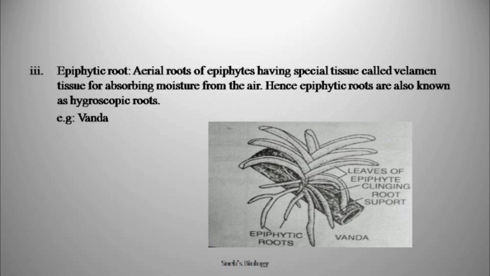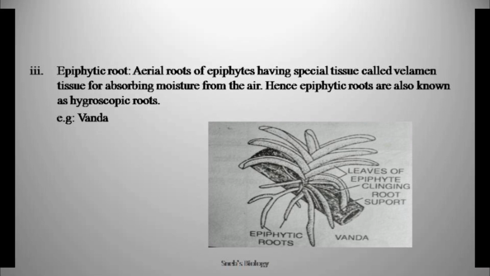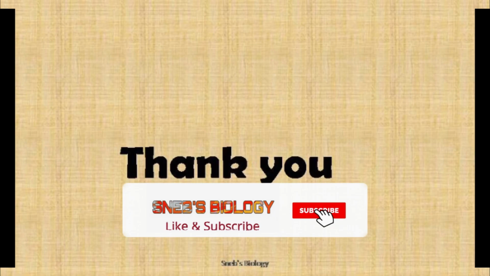So they have a special type of root, and in this root there is a special tissue called velamen tissue which helps the root to absorb moisture. As they are able to absorb moisture from the atmosphere, they are also known as hygroscopic roots. For example, Vanda.